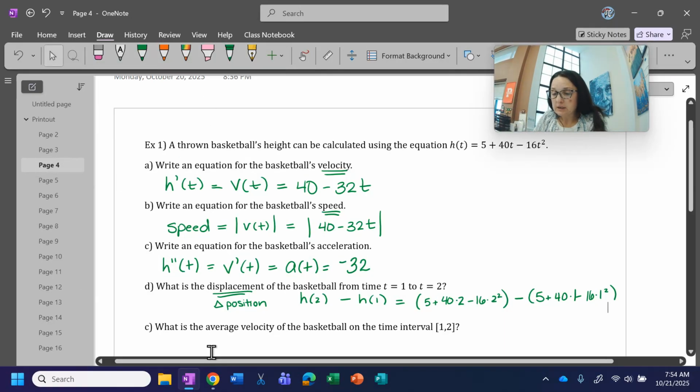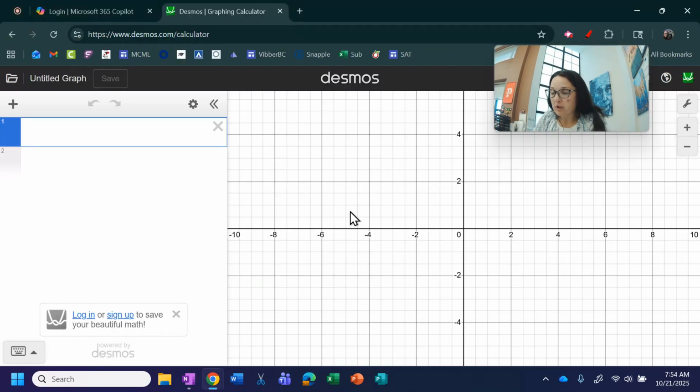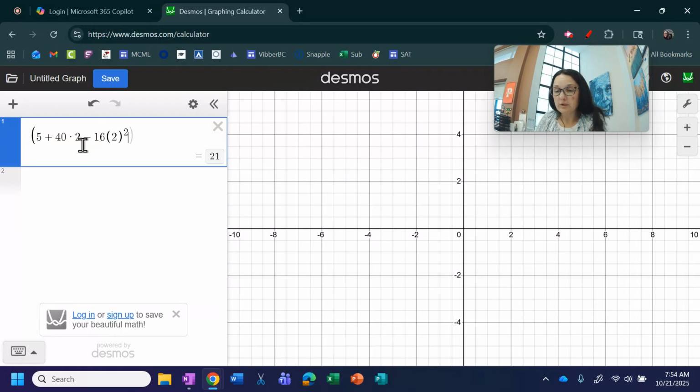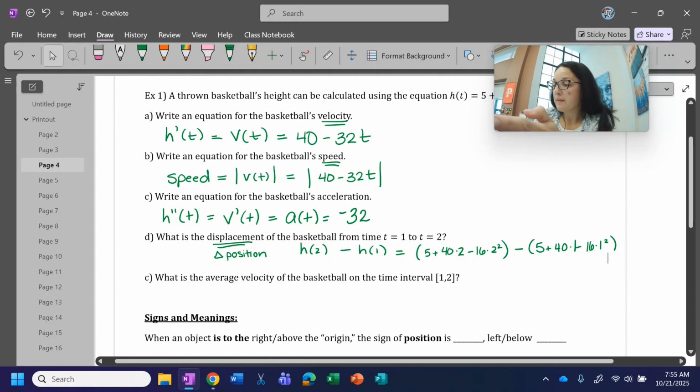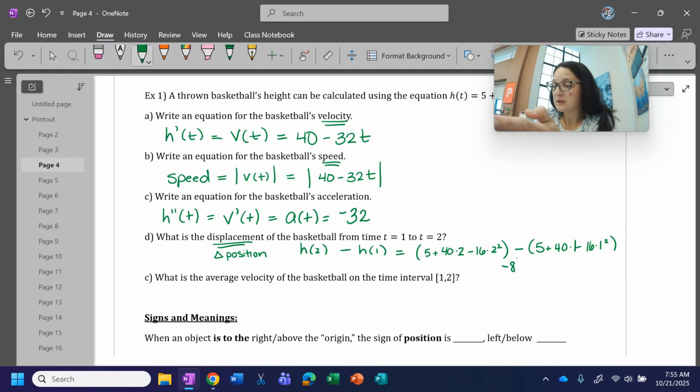But yeah, it's calculator time. Awesome. So I had 5 plus 40 times 2 minus 16 times 2 squared minus 5 plus 40 times 1 minus 16 times 1 squared, and I get negative 8. Okay, cool. My displacement is negative 8.